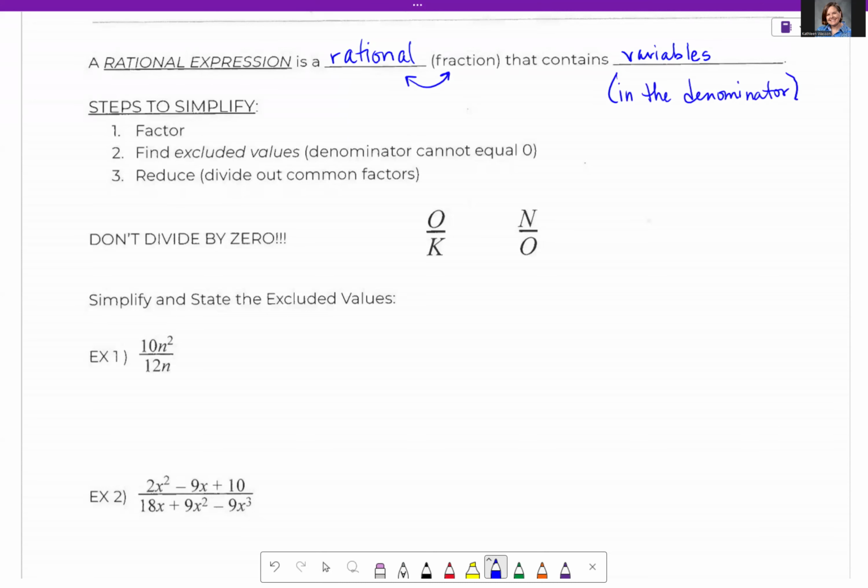To simplify, we'll factor the numerator and also the denominator, and then find excluded values, which would make the denominator 0. These are also referred to as values that make your expression undefined.